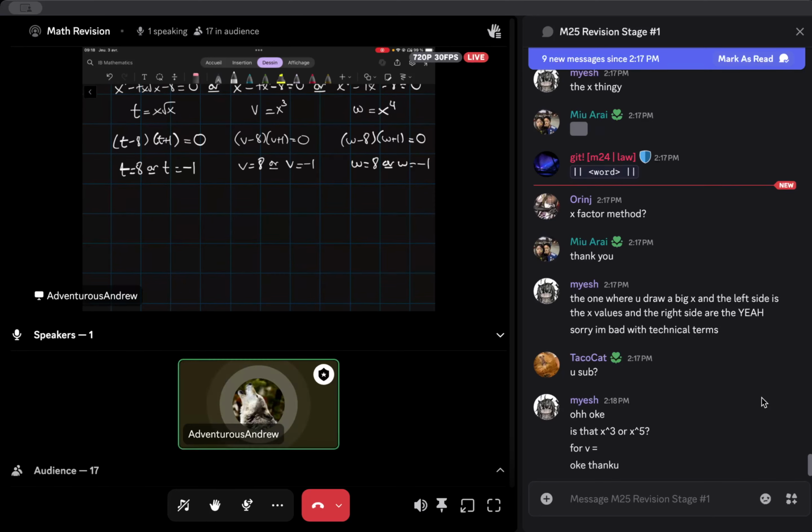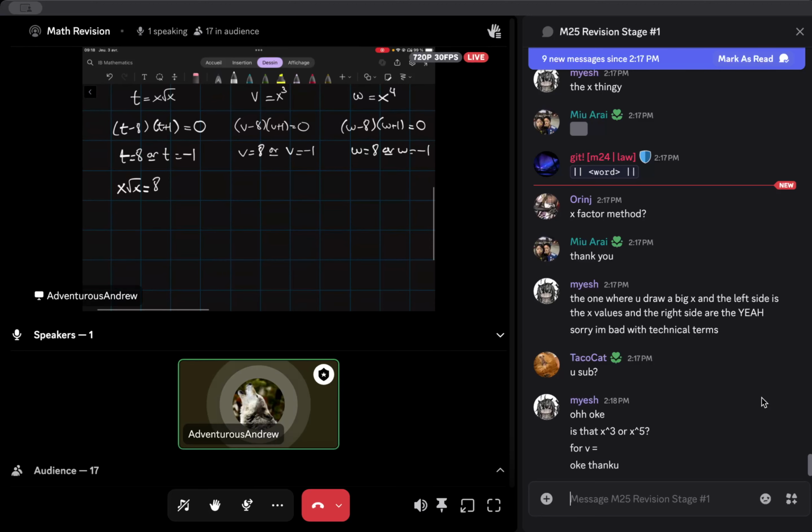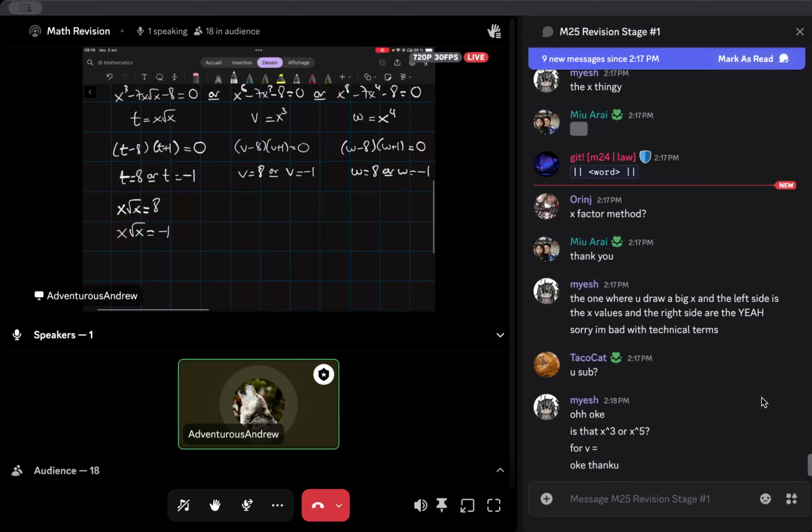Okay, if t is equal to 8, then we get x root x is equal to 8. If t is equal to negative 1, you get x root x is equal to negative 1. Likewise over here. Likewise over here.